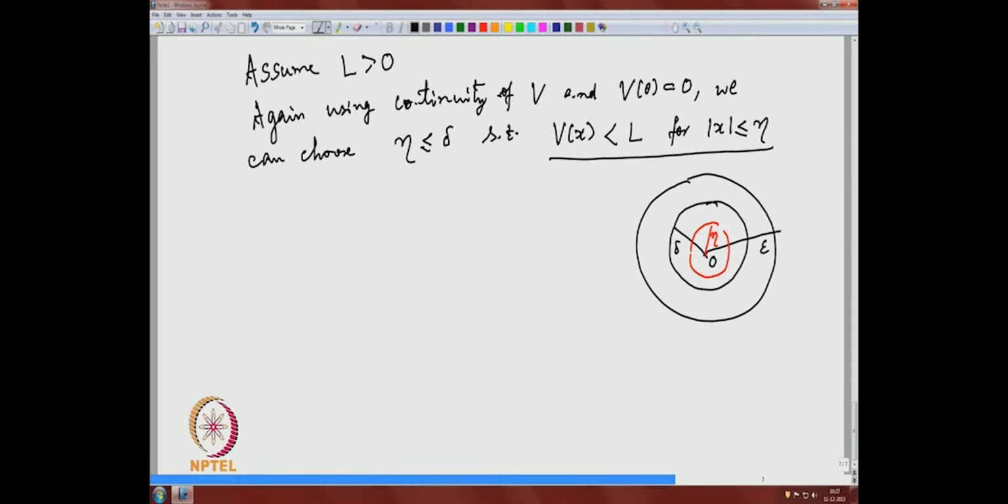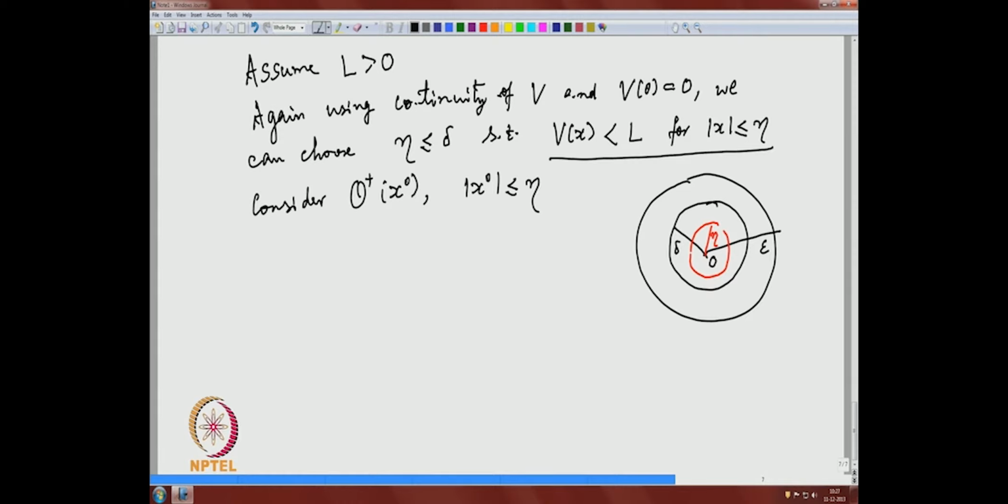Now you consider this x t, the positive orbit starting at x 0, and I take mod x 0 less than or equal to eta, which is automatically in that delta. That is no problem.